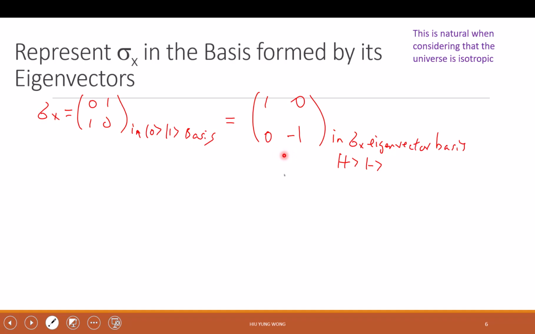So it's interesting. They actually are equivalent. Sigma z is diagonal because we are writing in the 0, 1 basis, the eigenvectors of sigma z. And if we write in sigma x basis, then you have the same form. So actually we cannot distinguish them. The reason you find sigma x and sigma z different is just because you write in different bases.